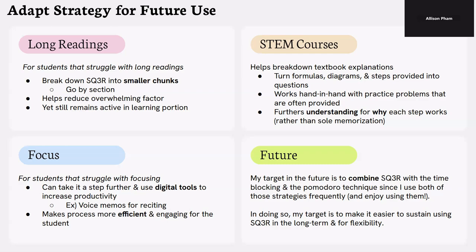And as well as for the Pomodoro technique, I usually like to include somewhat medium-sized study sessions, and then also small breaks in between through this method. And because I do use these methods frequently and also enjoy using them, it helps me engage more as well, especially if I combine it with SQ3R, meaning that I'm able to use it more in the long term.